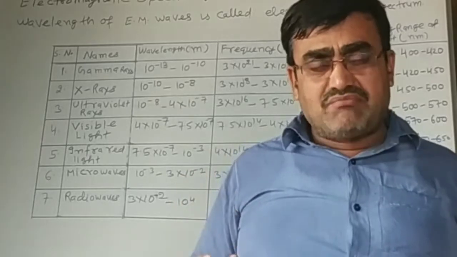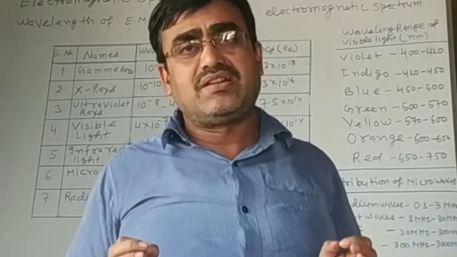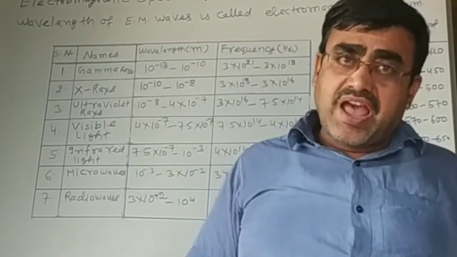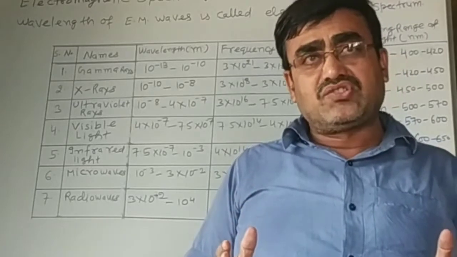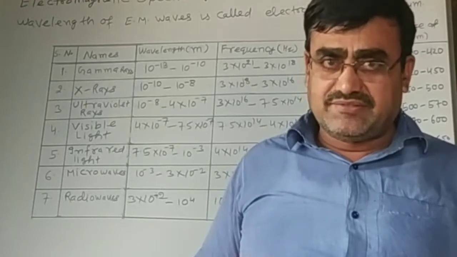The electromagnetic spectrum consists of 7 constituent components which have different wavelengths and different frequency ranges.